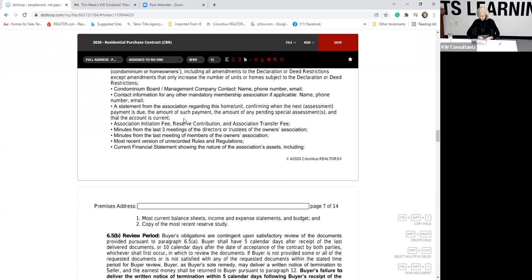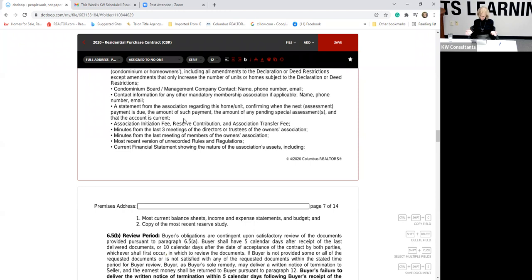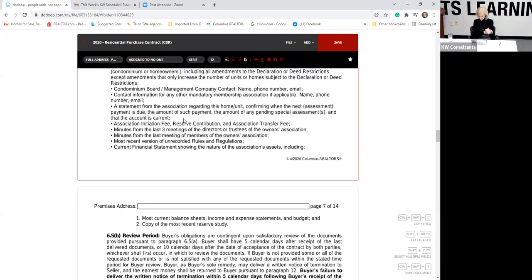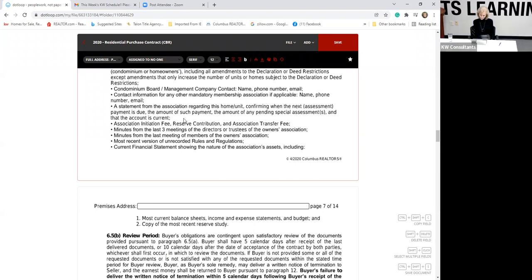You're right, and technically, if the seller doesn't provide it, then the contract's null and void, but that's not what you want for your buyer. Right. I don't know, it's like a lot of other things. Sometimes it's hard to get the co-op agent to provide what you want.